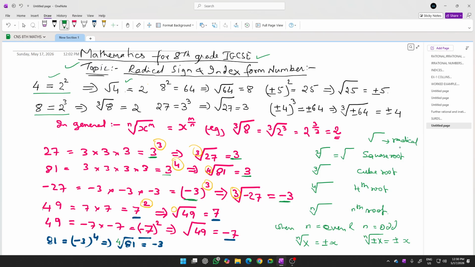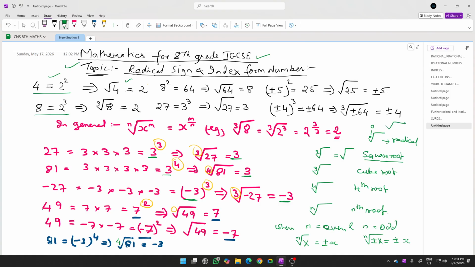But you should remember certain things in this radical sign. When there's nothing written over here, that doesn't mean that it is 1 or 0. When nothing is written over here, that means there is a 2 over there, and it is read as square root. So don't misunderstand.